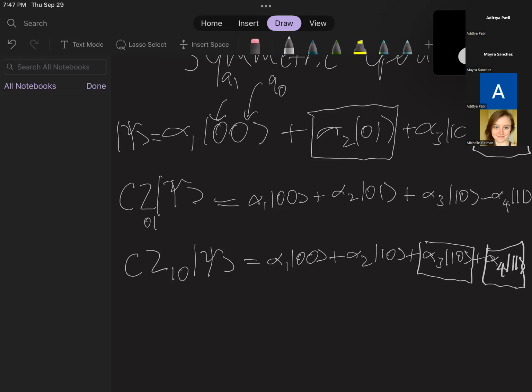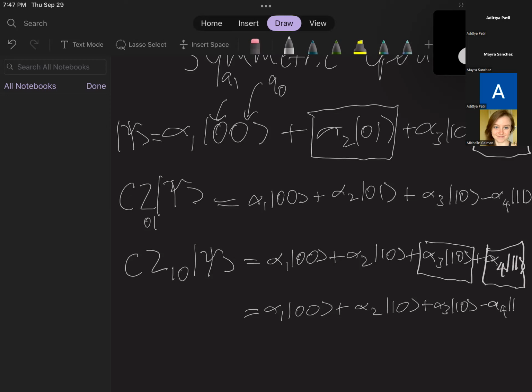Now the target qubit over here has a value of 0, so nothing can happen. So the sign goes to the plus, and the last minus.